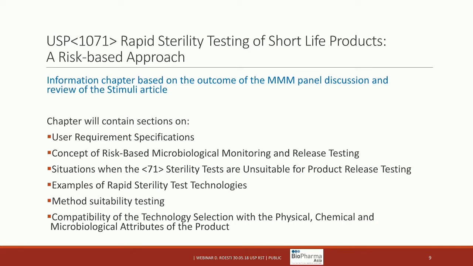It will contain a section on these user requirement specifications, on the concepts of risk-based microbiological monitoring and release testing, also situations where the actual compendial chapter is unsuitable for product release testing. It will also provide examples of some technologies which may be suitable for these kinds of tests, a small paragraph on method suitability testing, and also a final paragraph on the compatibility of the technology selection with the different product categories.